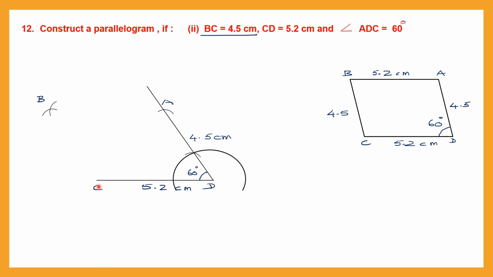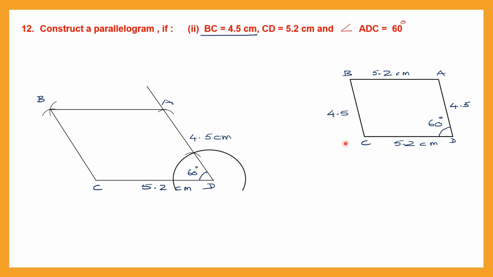So C is here and B is here, join BC. We can join BA first and then we join BC. Okay, so you can do it either way. You can join this first or this first because now you've got the point of intersection. So now we have our parallelogram A, B, C, D.